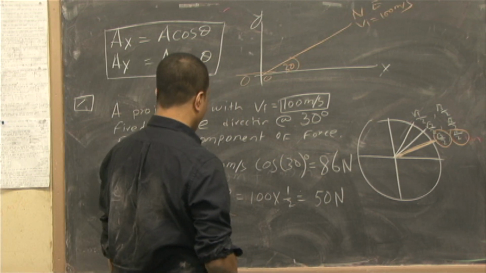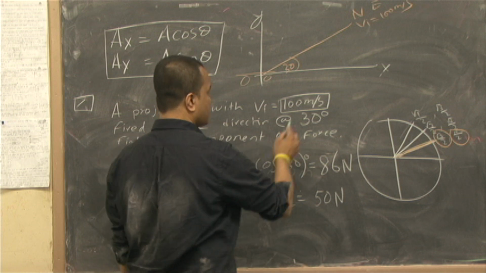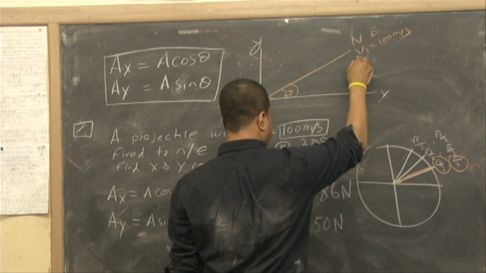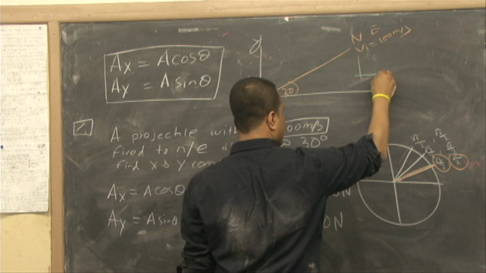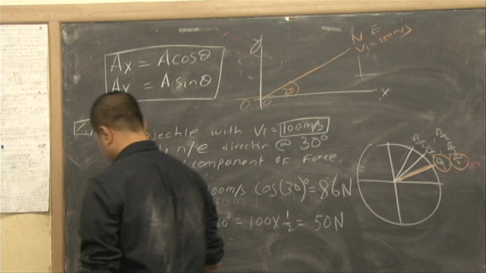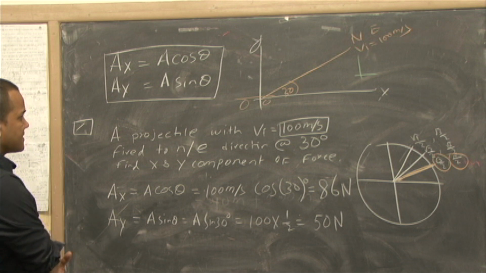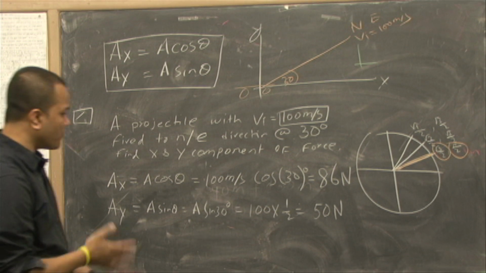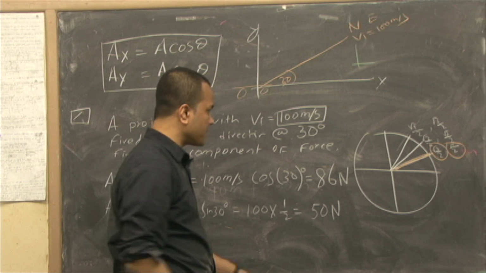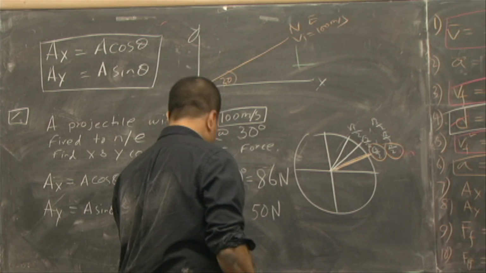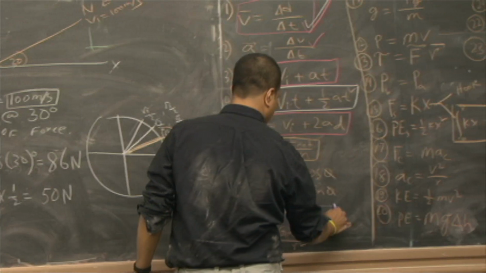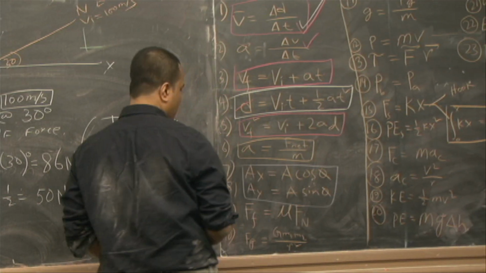So the y direction is 50 Newton and x direction is 86 Newton. So that is a vector quantity, and we're going to do more examples of vector quantity pretty soon. So we just finish with these two beautiful mathematical formulas.